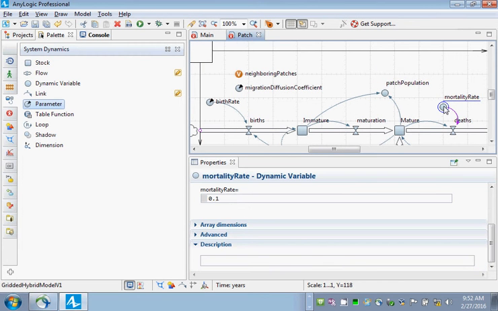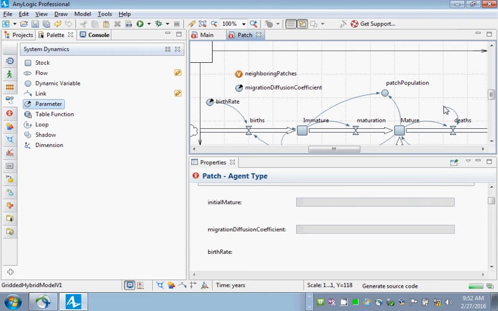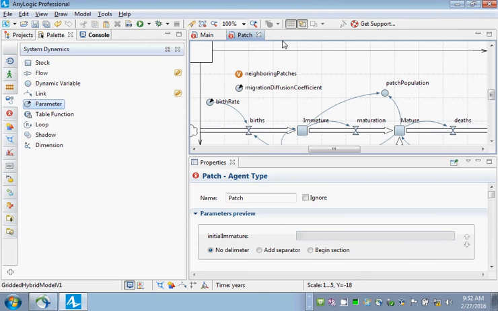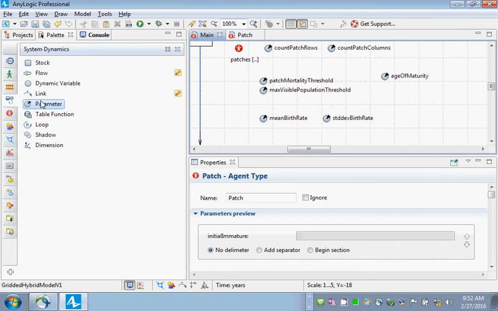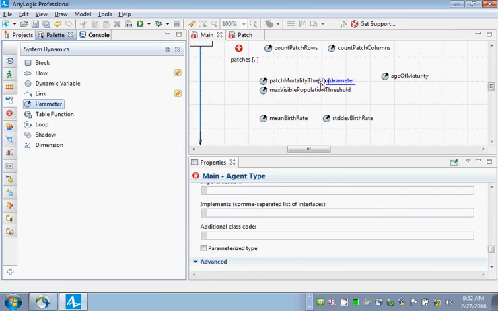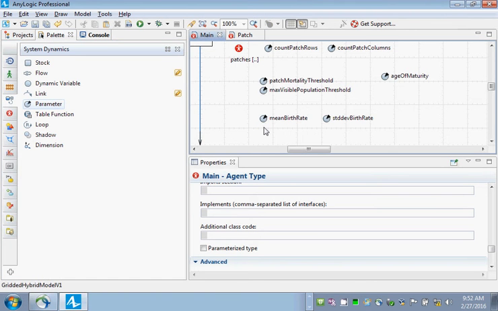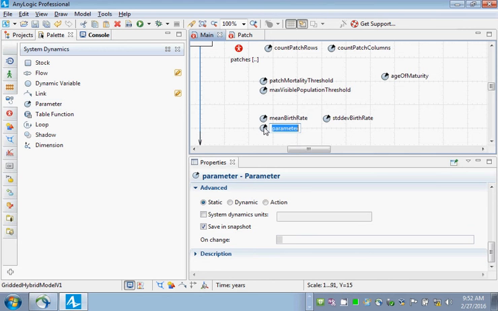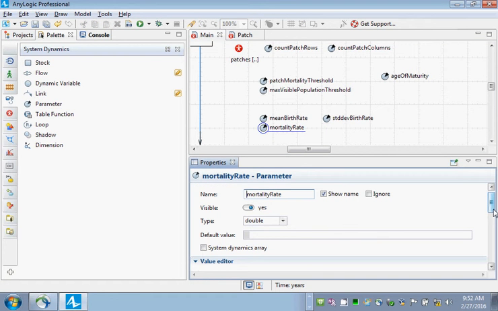Obviously we could make this different for mature and immature individuals, but we will just impose an overall mortality rate of 0.1. Accordingly, in the deaths flow here in patch, we're going to refer not just to mortality rate but to main.mortality rate.